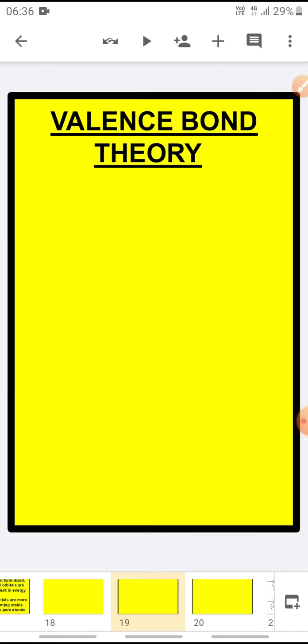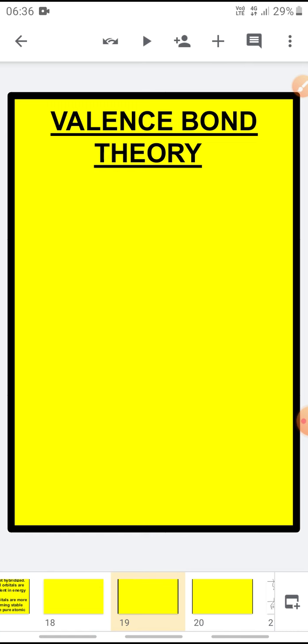To overcome these limited applications, two important theories based on quantum mechanical principles were introduced. The first one is the valence bond theory that we'll be discussing today. After that will be the molecular orbital theory that we'll discuss later.